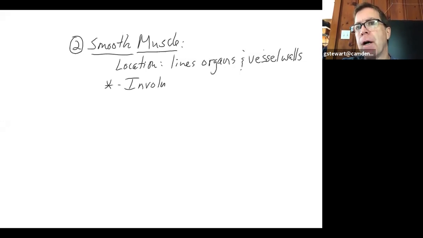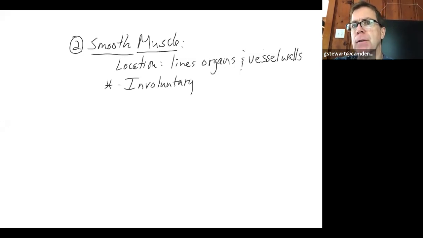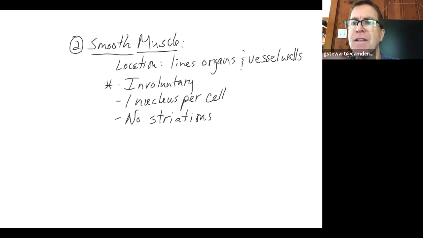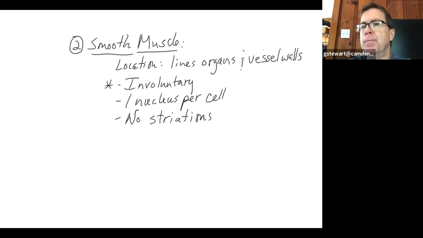We do not have conscious control over the contractions of this type of muscle. There is 1 nucleus per cell, not multinucleate. There are no striations in this tissue, no stripes when we look at it under a microscope. That's where it gets its name, by the way, smooth muscle. It is not striated.